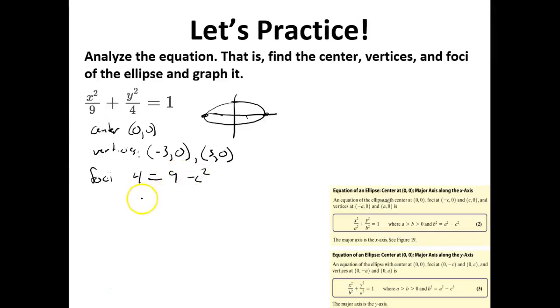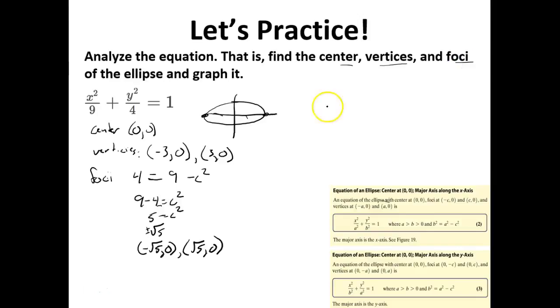What this is saying is that 9 minus 4 is equal to c squared, so c squared is going to have to be 5. Our actual foci is just c, so we have plus or minus the square root of 5. Our foci are along this axis. These are going to be x coordinates, so we have negative square root of 5, 0, and square root of 5, 0. There. So we found the center, vertices, and foci.